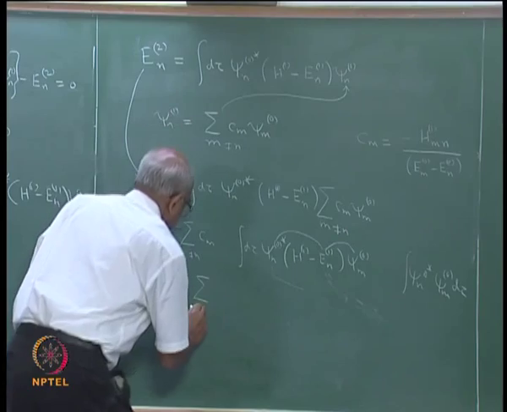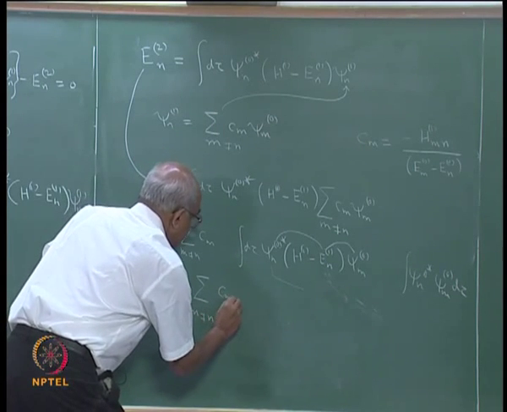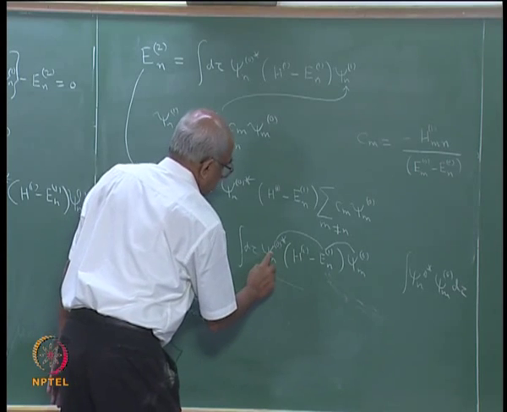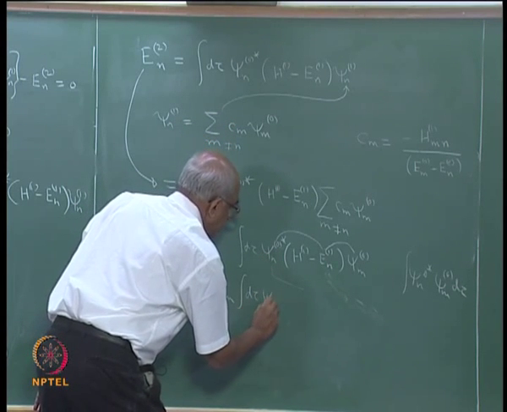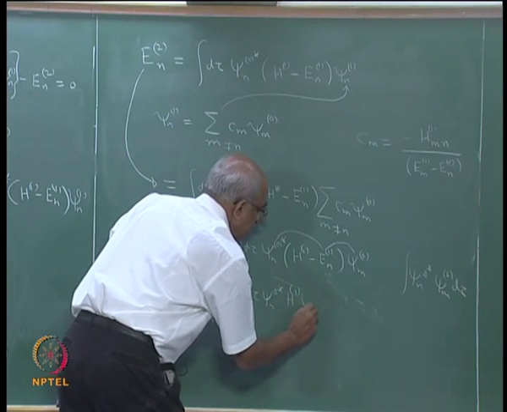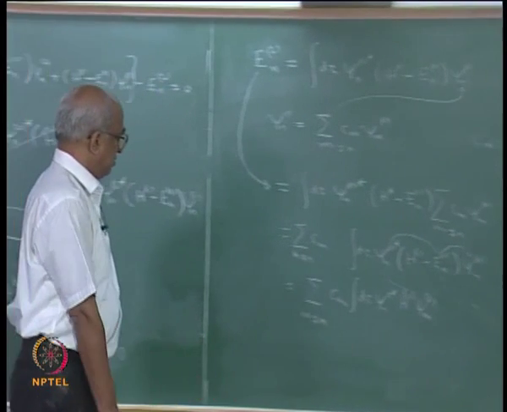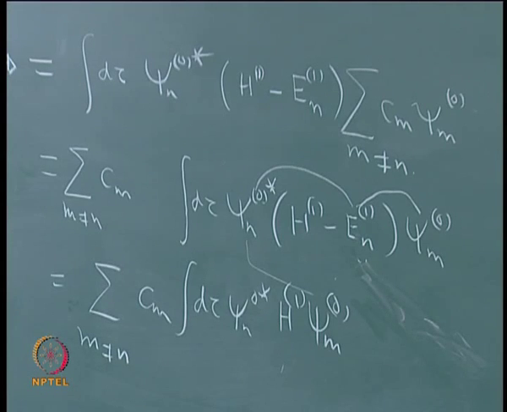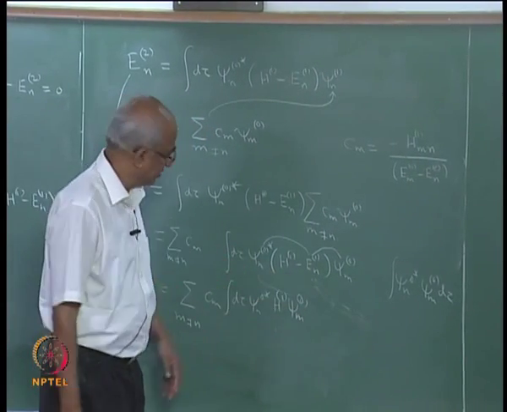So therefore you will get sigma m not equal to n, Cm, integral d tau, psi n0 star h1 psi m0. That is all that you get, but then we decided that we do not want to be writing this term, it is tedious.